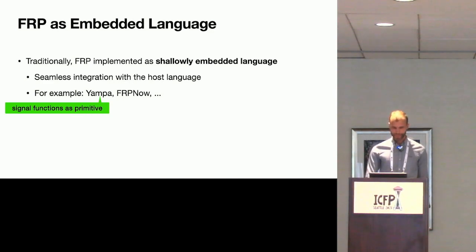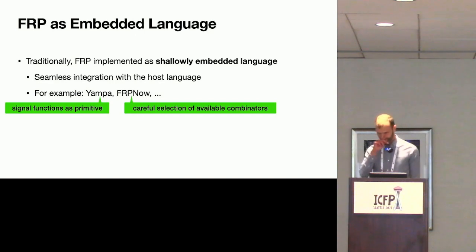A different approach is carried by FRP now, where you still have access to defining these kind of signals as primitives, but the library only exports a carefully selected set of combinators that makes sure that the only signals that you can produce are causal and don't leak memory.